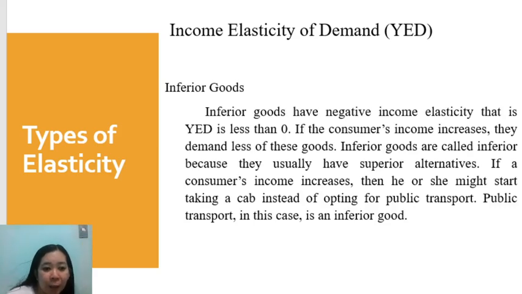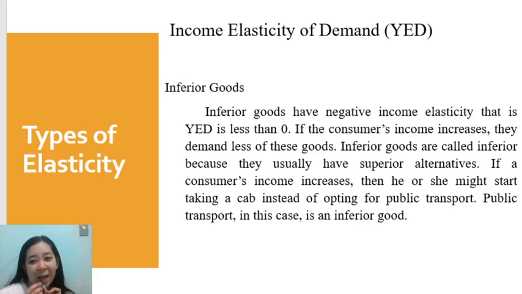So here, inferior goods have negative income elasticity. That is, their YED is less than 0. In this case, if the consumer's income increases, they demand less of these goods. Inferior goods are called inferior because they usually have superior alternatives.